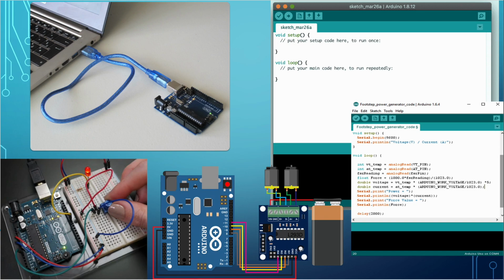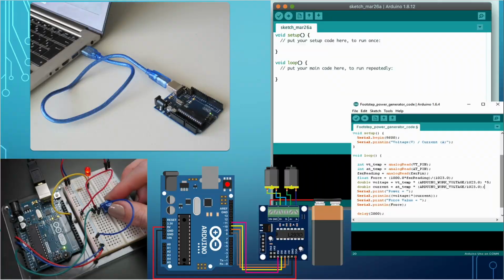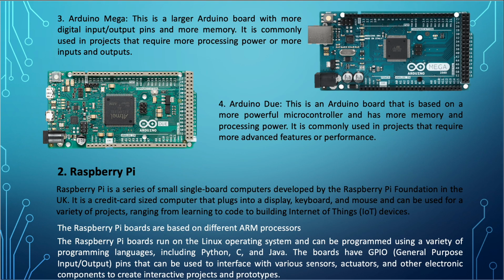So again, depending on the parameters, depending on the physical size, depending on the amount of processing power, we also have to select our embedded system. And we talked about Raspberry Pi.